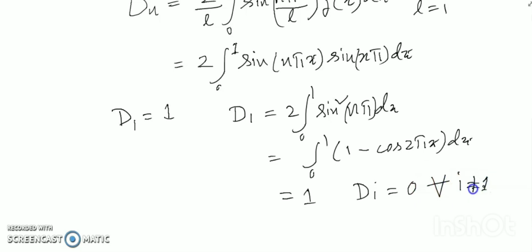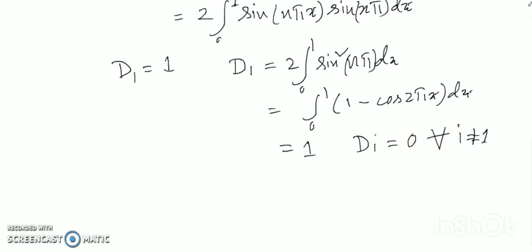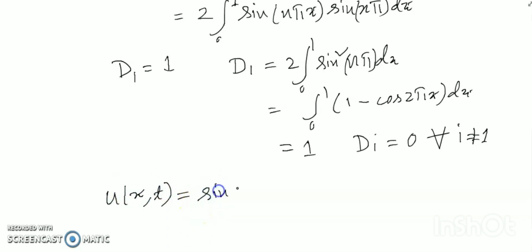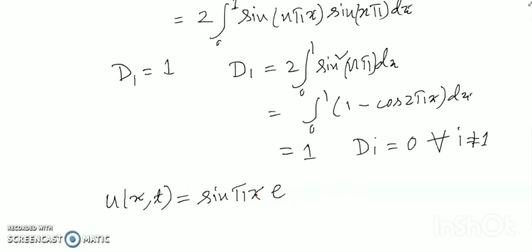Next is u(x,t) equals sine pi x. So sine pi x e to the power, what is my formula?